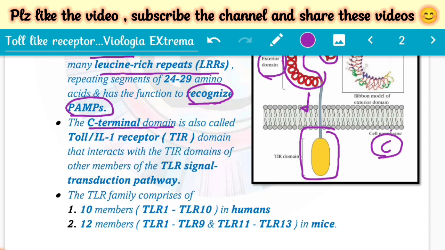Here we have the TIR domain, because it consists of the toll interleukin 1 receptor. It further initiates biochemical signaling called the TLR signaling transduction pathway, so it activates other components of the TLR signaling pathway.